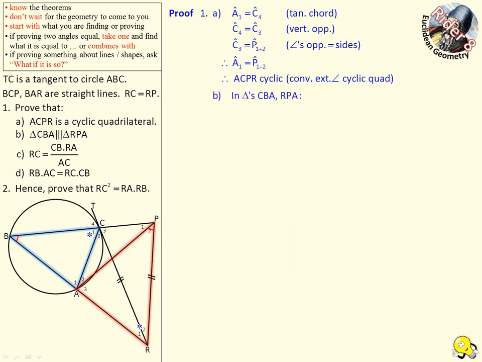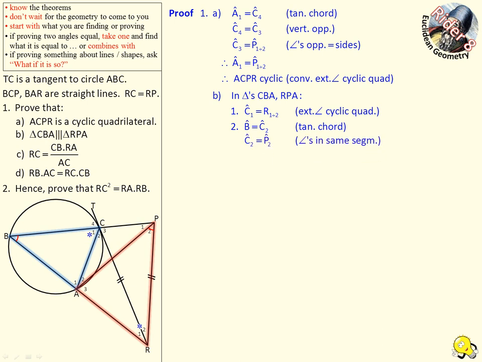So we can do our proof, setting it out in the same way as a congruent triangle proof. In triangle CBA, RPA, 1, 2, 3, therefore similar in the correct order. C1 equals R1 and 2, exterior angle cyclic quad. Now we do our little mini proof within this proof. B equals C2, tan chord.